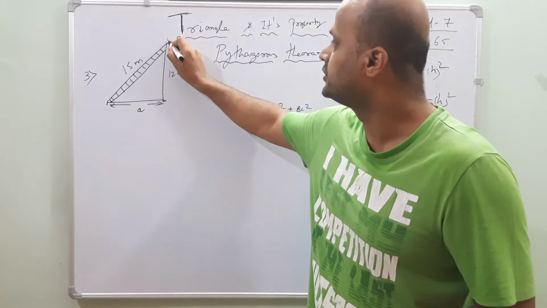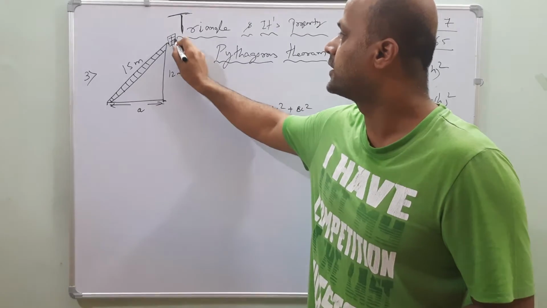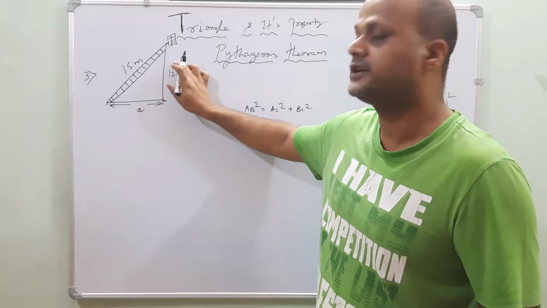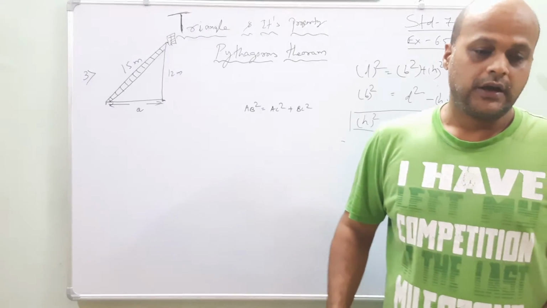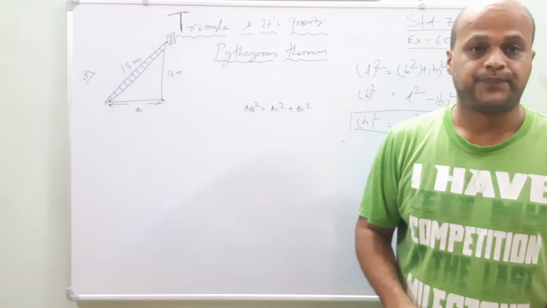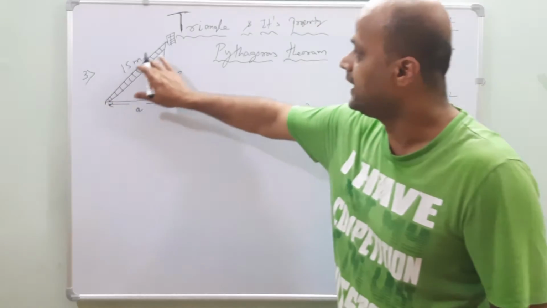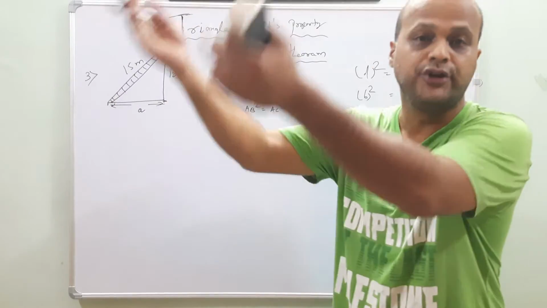Here the window is present. What is the height of the window from the ground level? It is 12 meter. Again it says against a wall, meaning it is laying against a wall to reach the window.